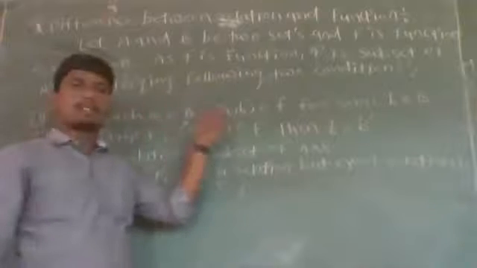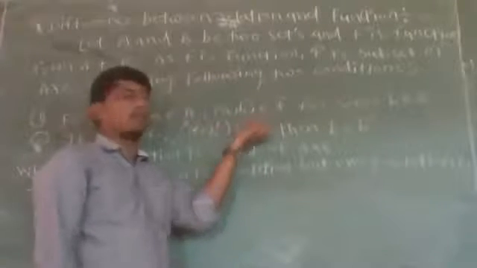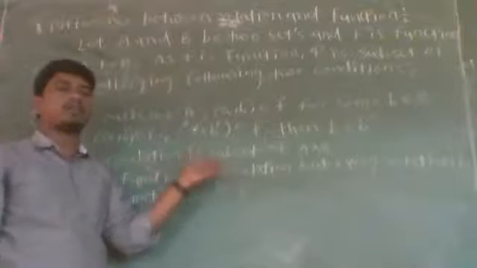If the set satisfies these two conditions, then that subset of A cross B is a function. So every relation is not a function, but every function is a relation, since every function is a subset of A cross B, and every subset of A cross B is a relation. Now, why is every relation not a function? Let us see.